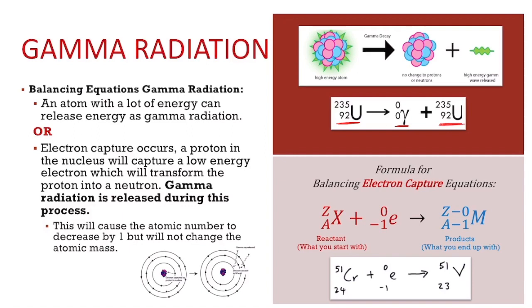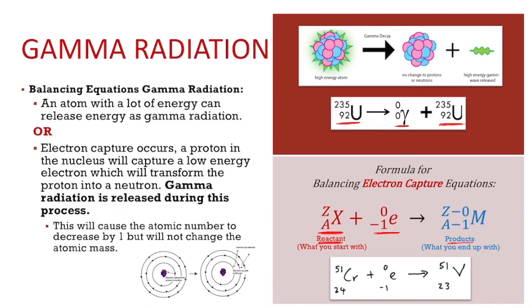But if electron capture is occurring, where that proton in the nucleus captures that low energy electron and turns itself into a neutron, then gamma radiation is going to be released during that process. When we balance these equations, we're going to start off with our reactants over here. So we've got the element that we're starting with and the electron it's going to pull in, because we have to combine those things in order to make our new product.